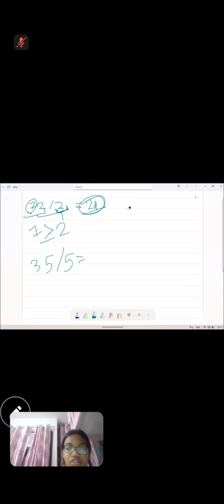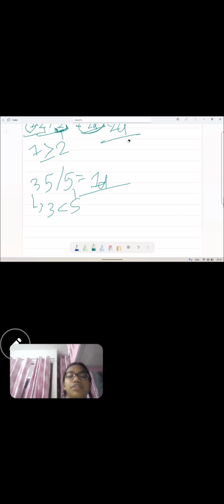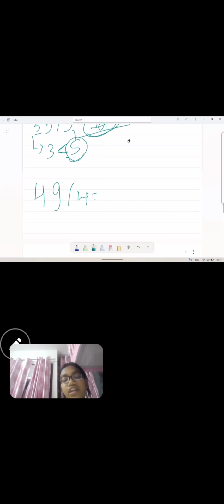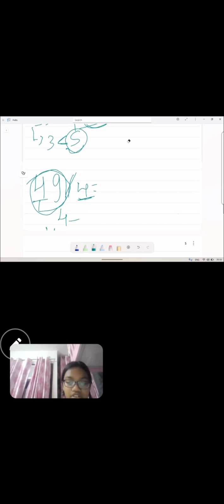But when the first digit of the dividend is equal to the digit in the divisor, our answer comes in 2 digits.